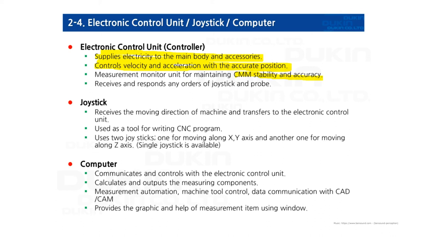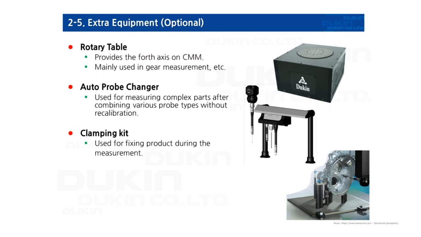The computer is an essential device of CMM because it operates the software, communicates with the electric control unit, and also calculates the output measuring components. Extra equipment is not mandatory, but it is quite useful if installed on your CMM.